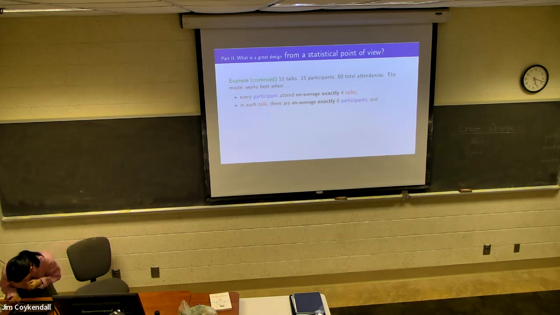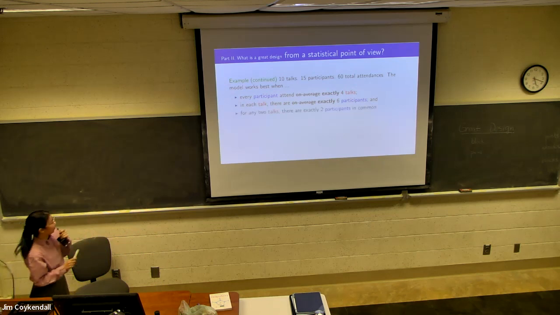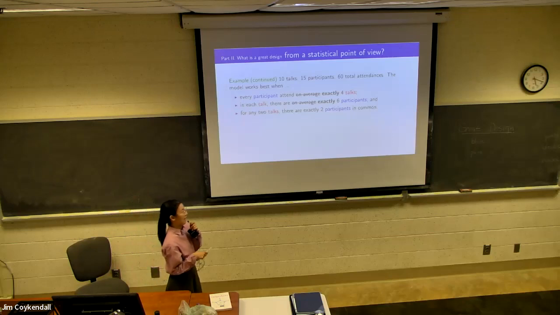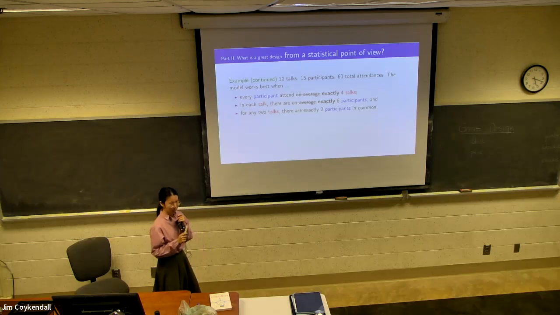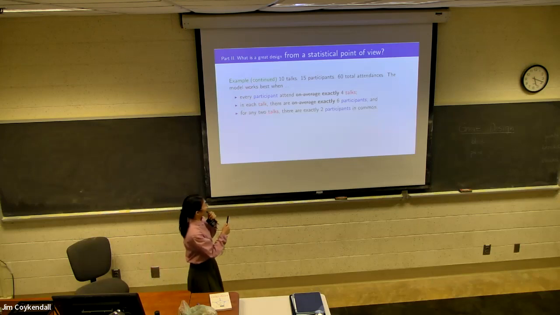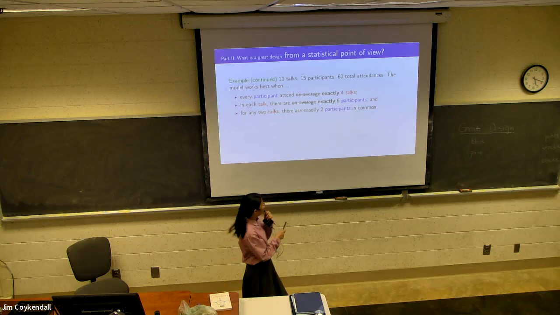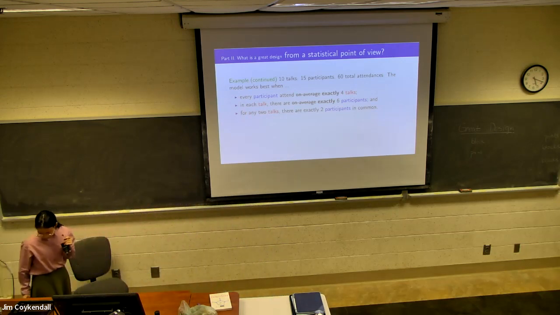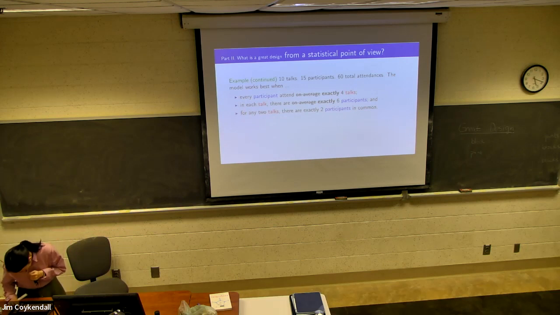And if they can get more, they will surely ask for it. For any 2 talks, there are exactly the same amount of participants in common. So in that case, if you wish to compare 2 talks, you have 2 scores for you to get a reference.